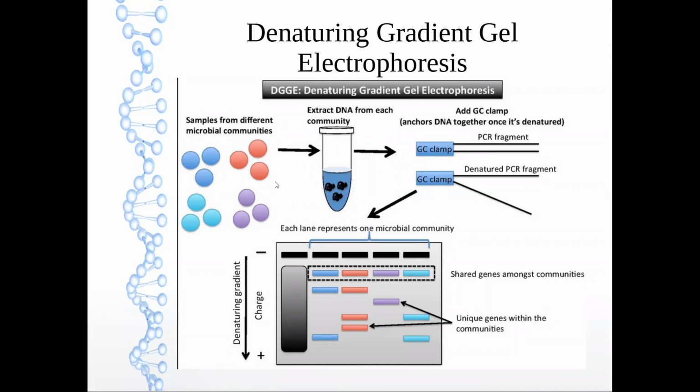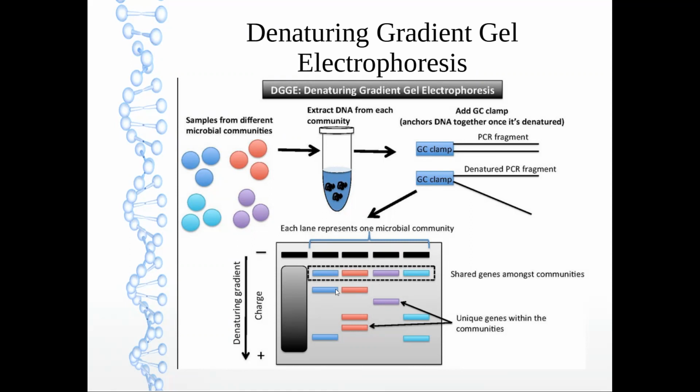So you have a mixture of different DNA from different samples here. You run them through a PCR, adding a GC clamp, which anchors denatured DNA in your fragment.